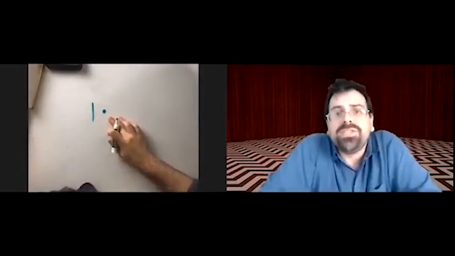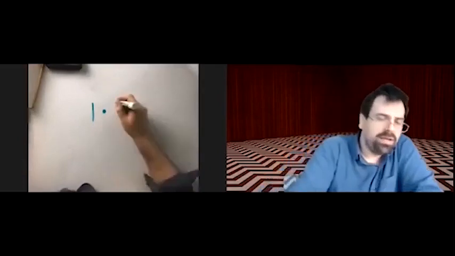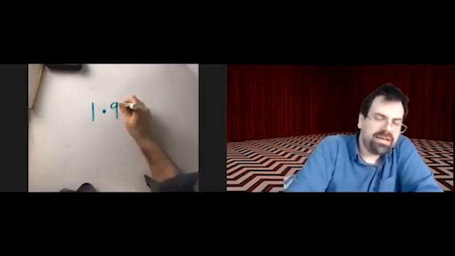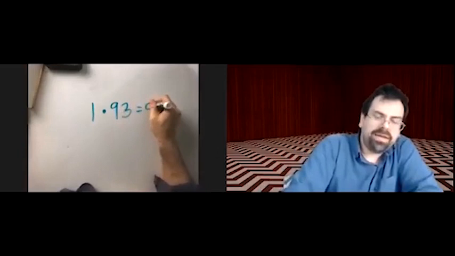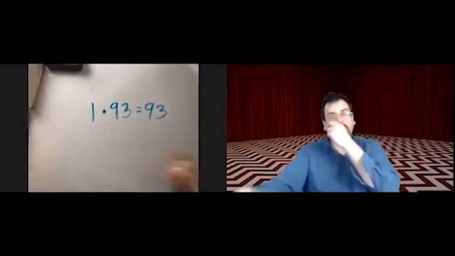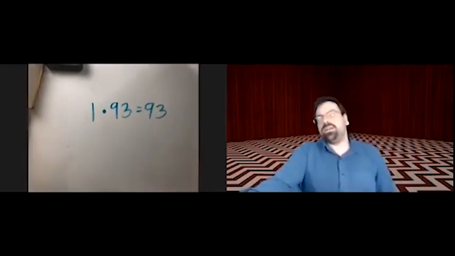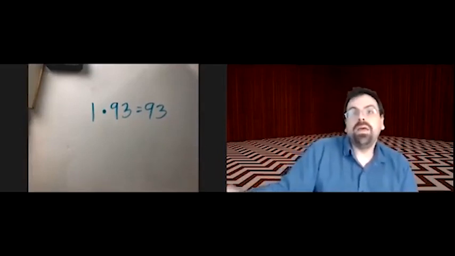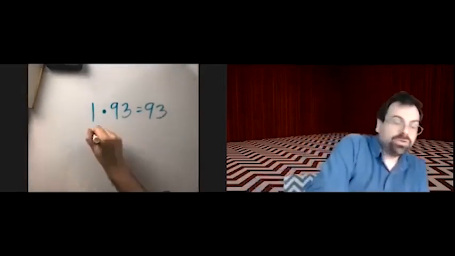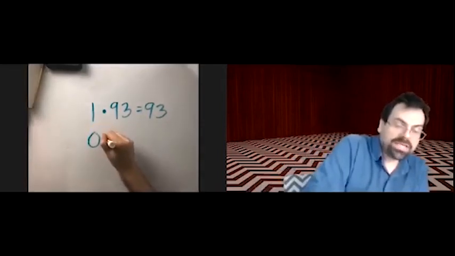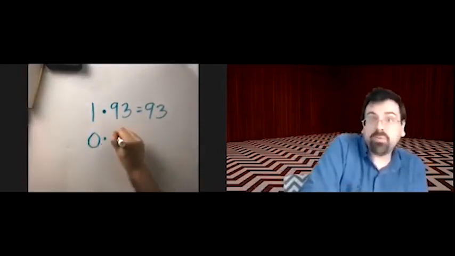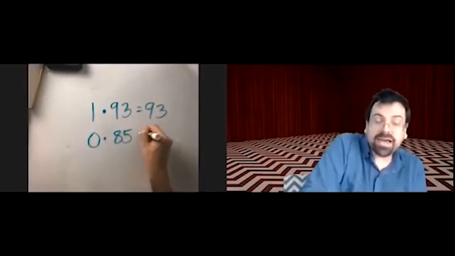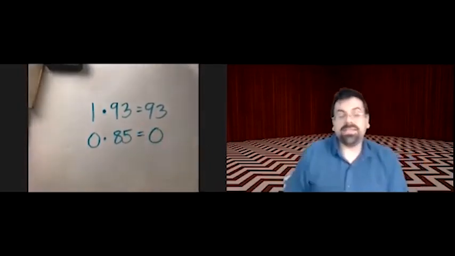The dot also means times, means multiply. If we had 1 times 93, that would be 93, because anything times 1 is itself.